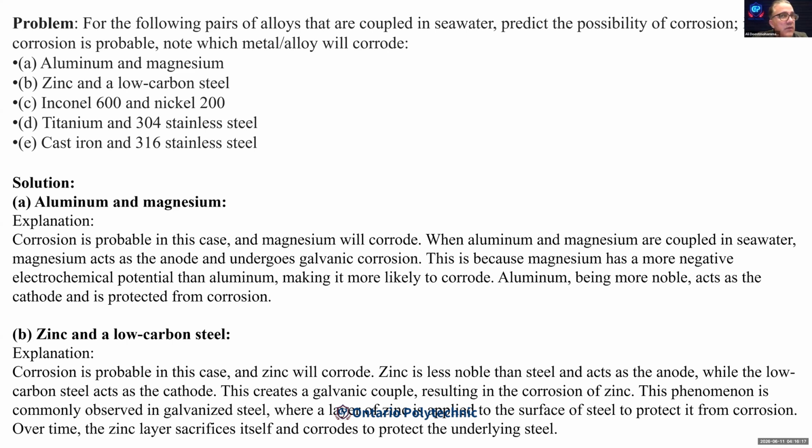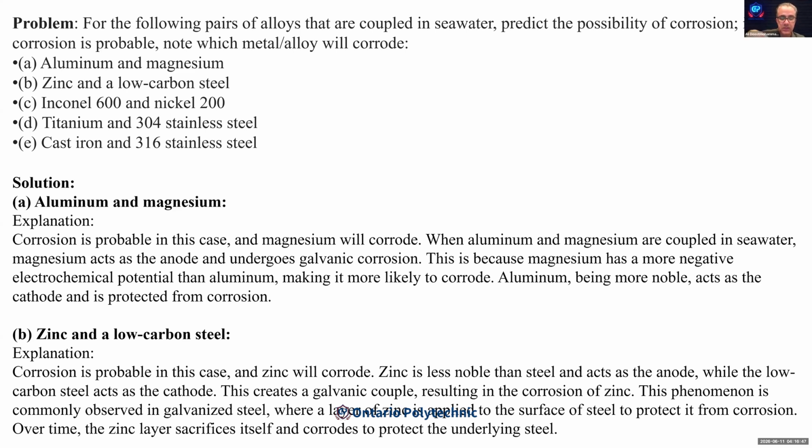In all of these cases, when we have two coupled metals, for example, A, aluminum and magnesium, and B, zinc and iron, when the zinc is completely corroded, it means all of the pure zinc metal has been converted to zinc oxide, or in this case, magnesium has been converted to magnesium oxide.